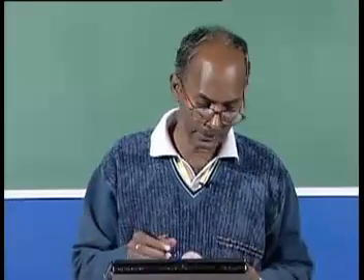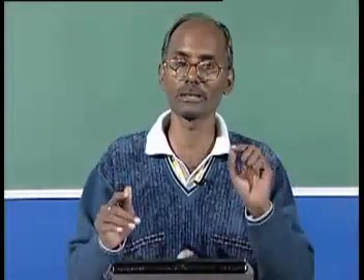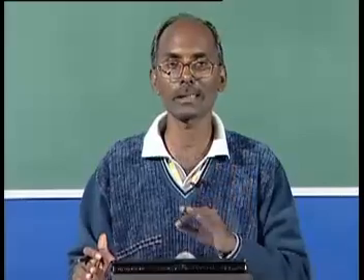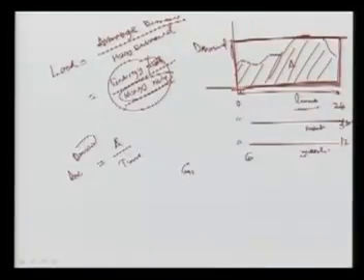Let us suppose we have committed two generators, G1 and G2, and we decided that the two generators are sufficient to meet our load. The total load here is 150 megawatt. Let us suppose the installed capacity of G1 is 100 and of G2 is 150.